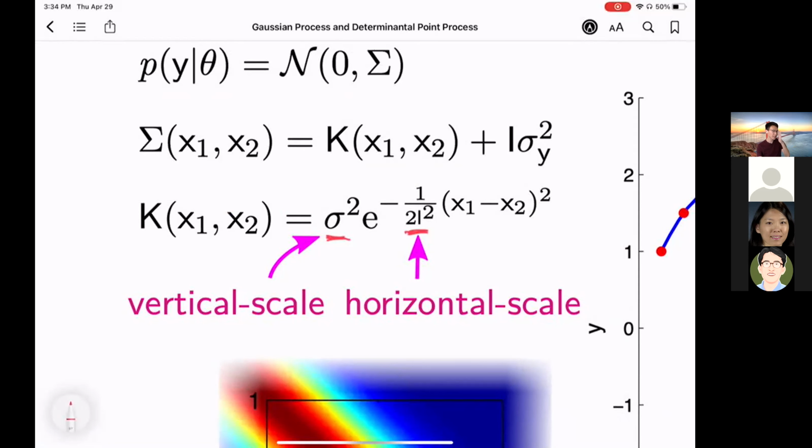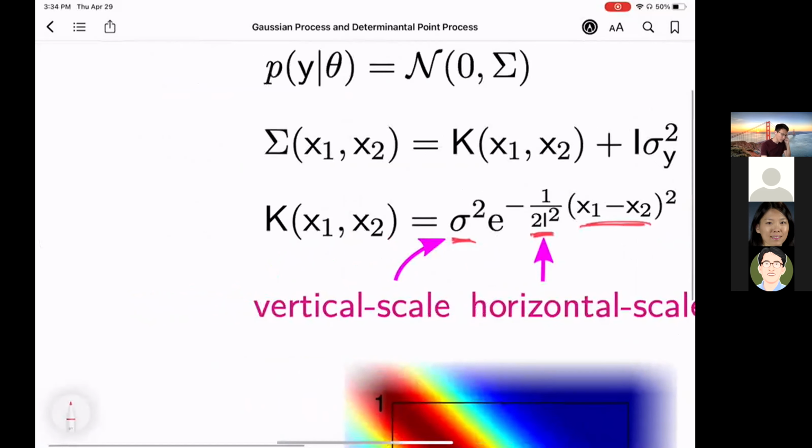I think what you're saying is that we can have more complicated kernel functions that are not necessarily based on this distance. Like the example I gave before, if we have periodic functions we want to model, then only distance-based may not be a very good idea, right?